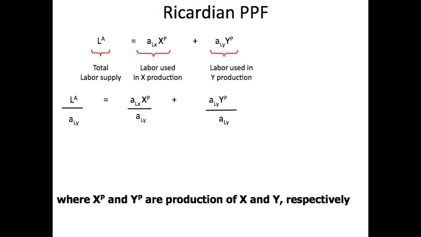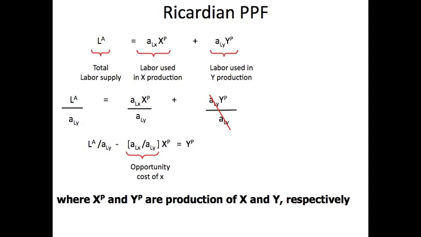So we'll rearrange this equation a bit. Divide everything by ALY, the unit labor coefficient for good Y. ALY cancels on the right, and what we're left with is an equation of the full employment condition, which can be interpreted as the equation for the production possibility frontier, because it is giving the trade-offs between the production of X and the production of Y when all labor is used.